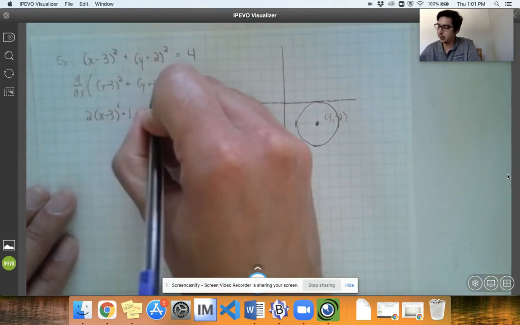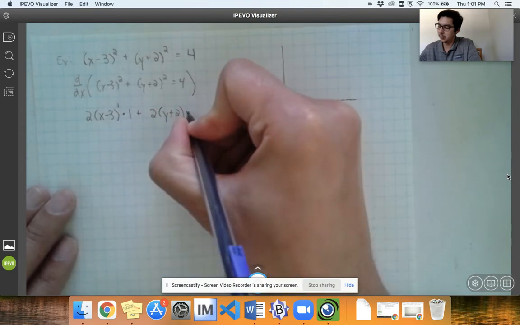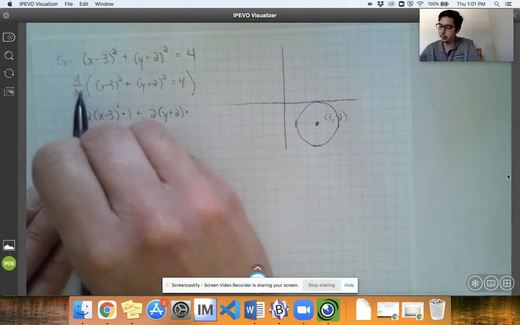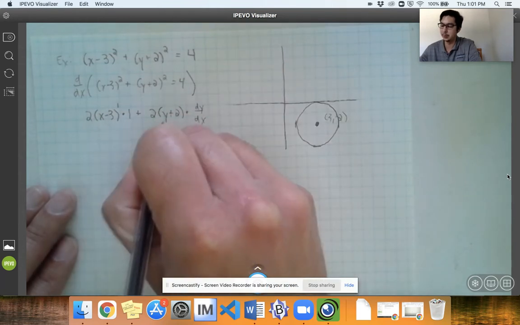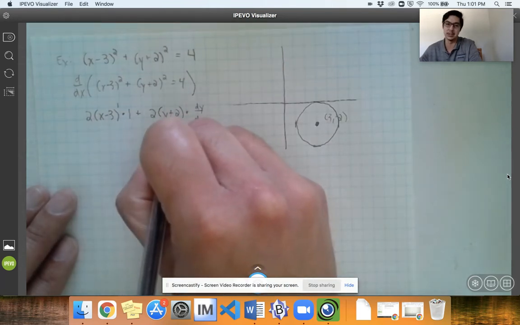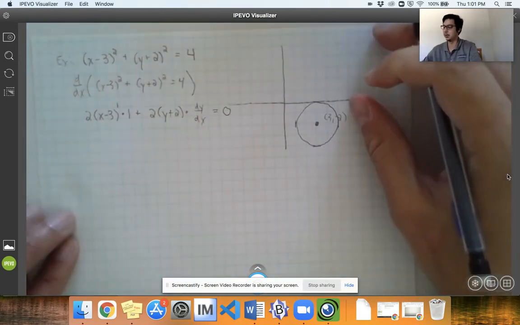Plus, we have the chain rule again, the derivative of the outside, leaving the inside alone, times the derivative of the inside. And the derivative of y plus 2 with respect to x is going to be dy/dx. We don't know the derivative of y with respect to x, and the derivative of 2 is just 0, so we don't need to include that. Equals 0 because the derivative of 4 is 0.